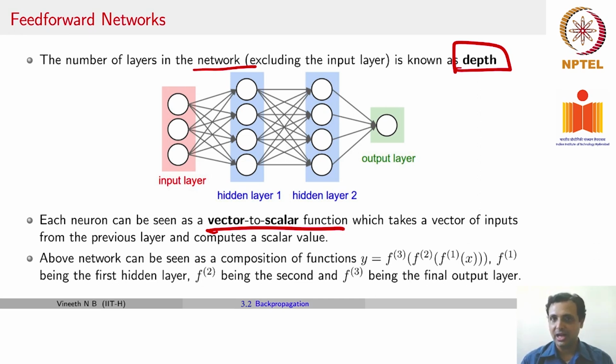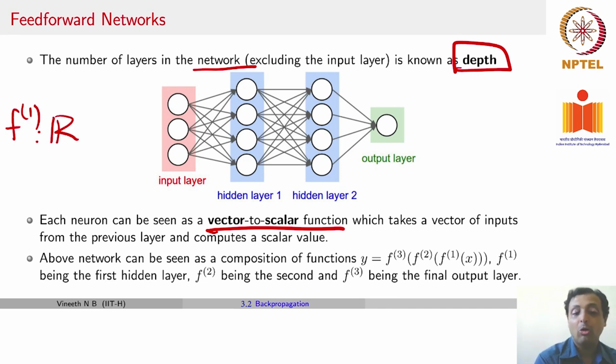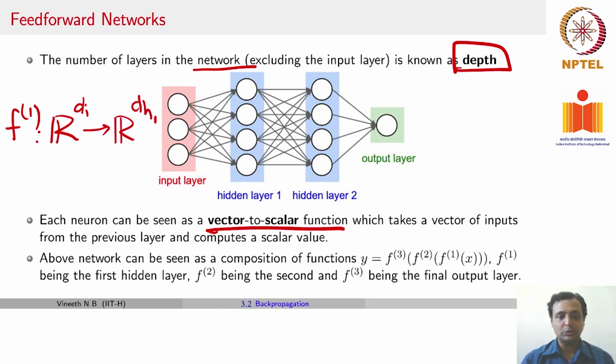Each layer is a certain function. Let's assume that you have layer 1 which is denoted by a function f1. This function takes you from R of the dimension of the input layer to R of the dimension of the first hidden layer. That's what the function f1 does.